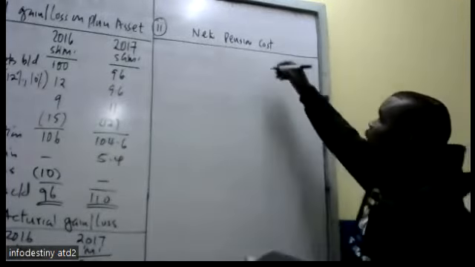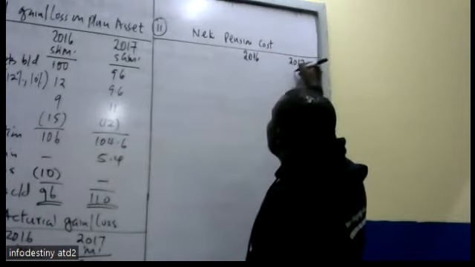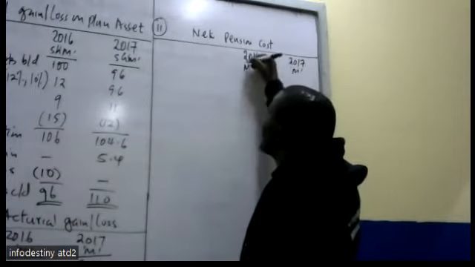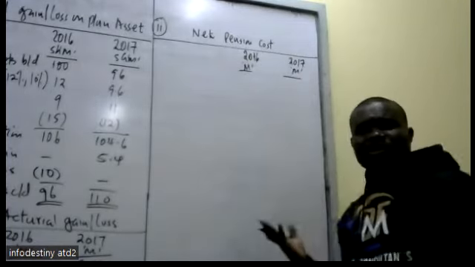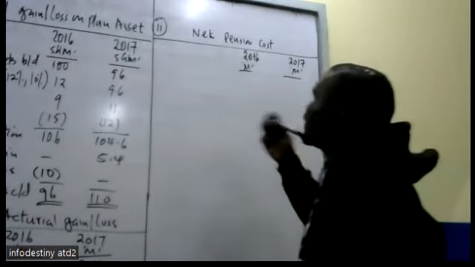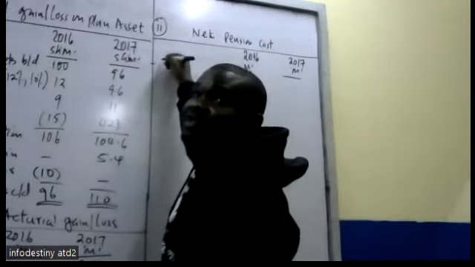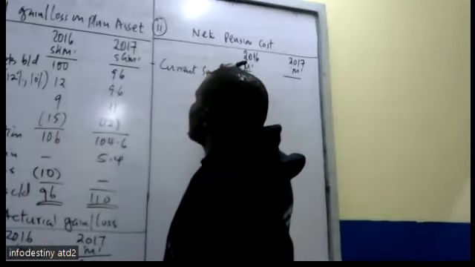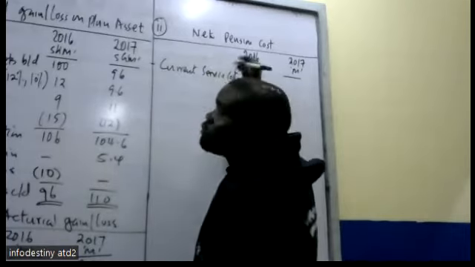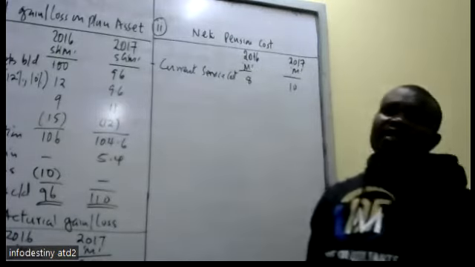So net pension costs, you just check the expenses which should go to P&L for each year. Actually, are you seeing the current service cost? Yes, that's a pension cost. Current service cost. Look for them. 810. Current service costs.